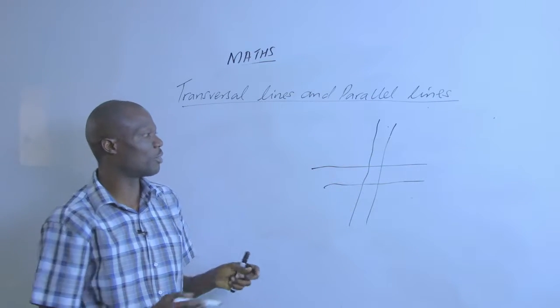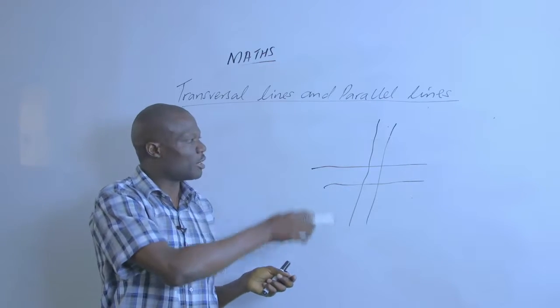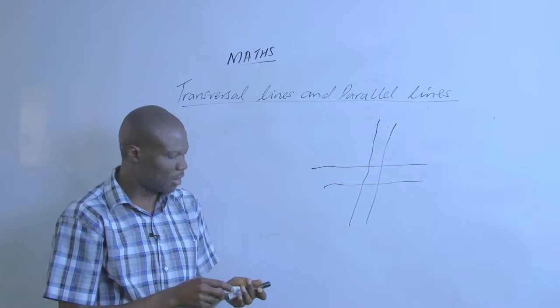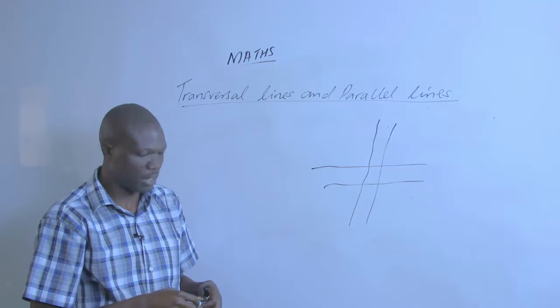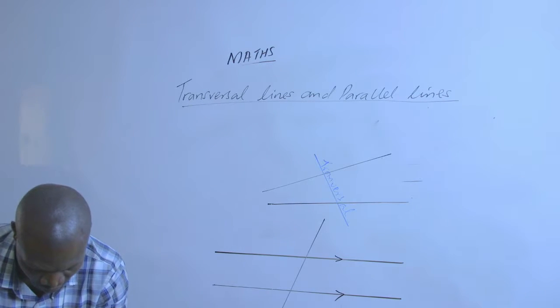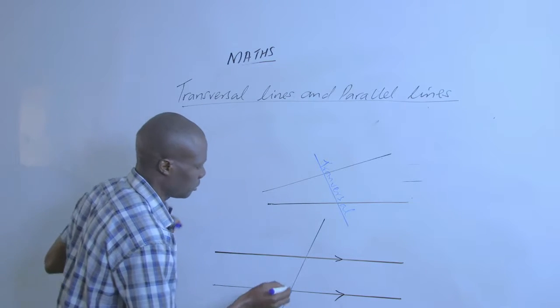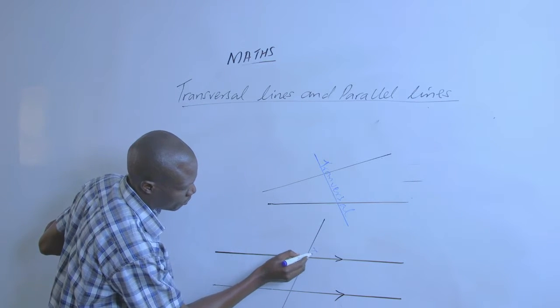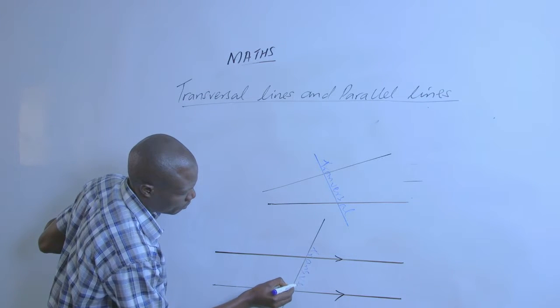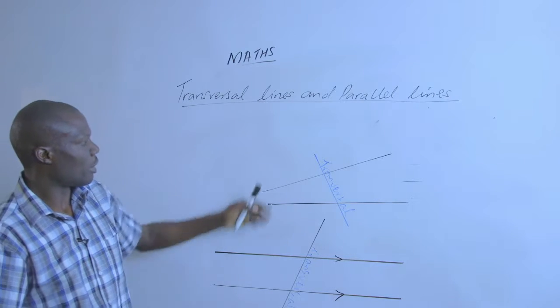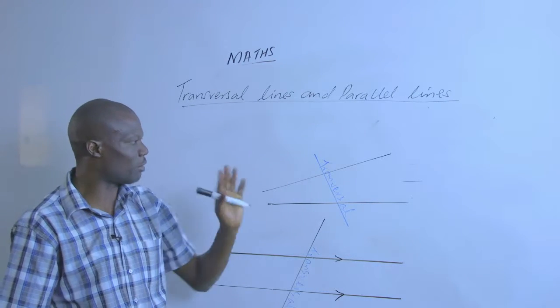And in most cases, you'll find that any transversal line forms so many angles, and those are the angles that we are going to look at. Okay, we have a pair of lines.